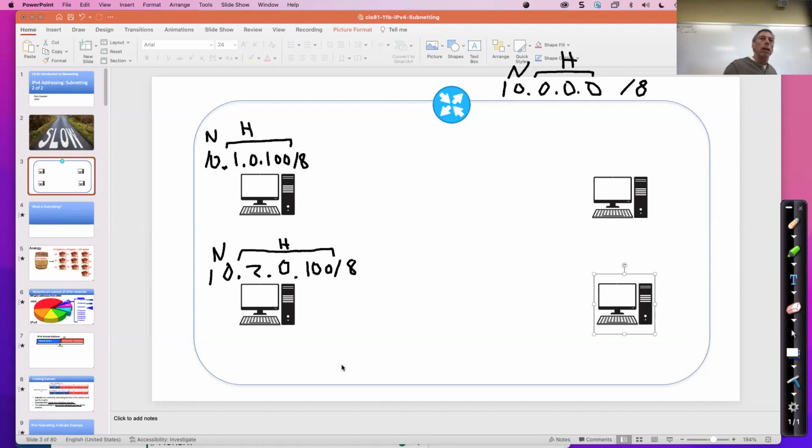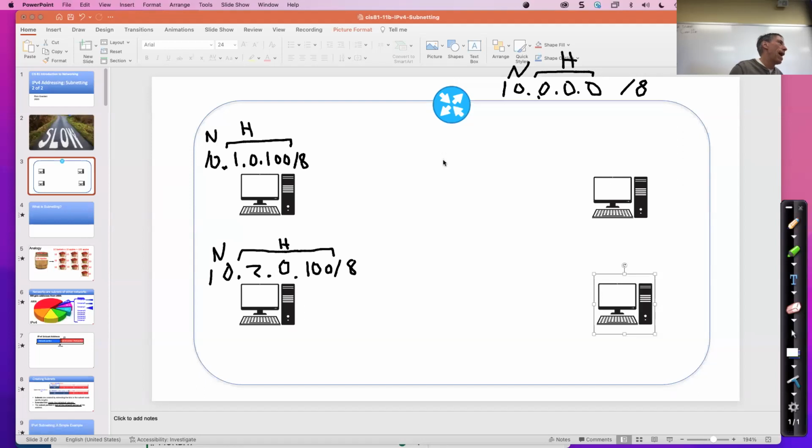So on a network like this, we have 24 bits for the host. That gives us over 16 million devices we can have in this single network. And this is how other networks would see us, as just the 10.0.0.0/8 network, and everything that belongs to that is inside here.